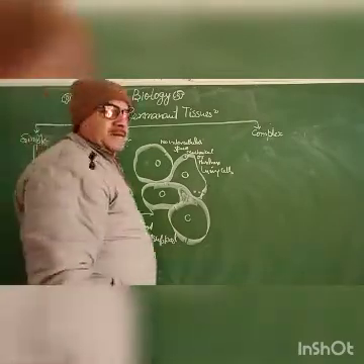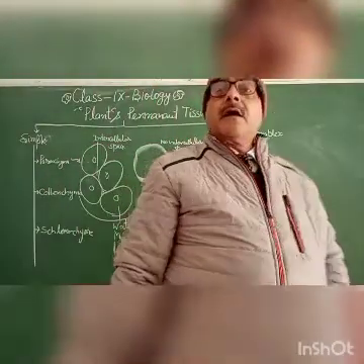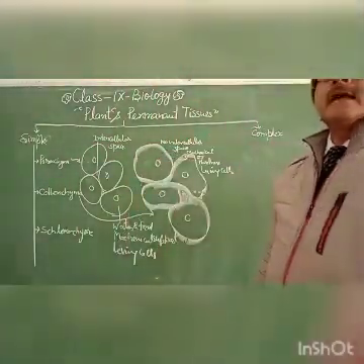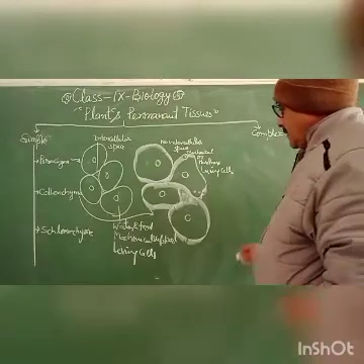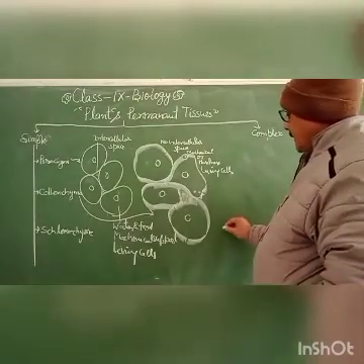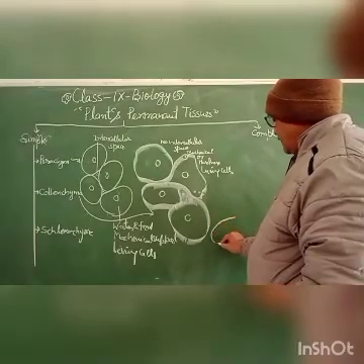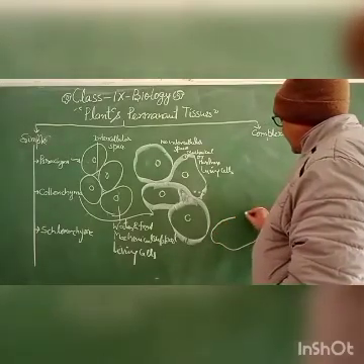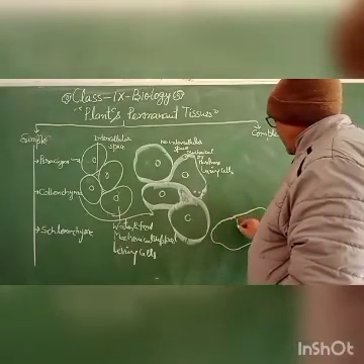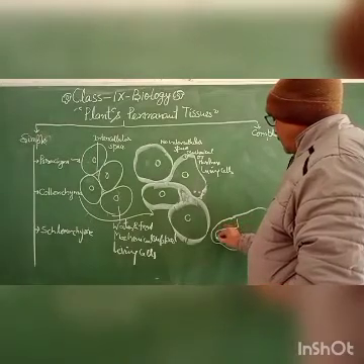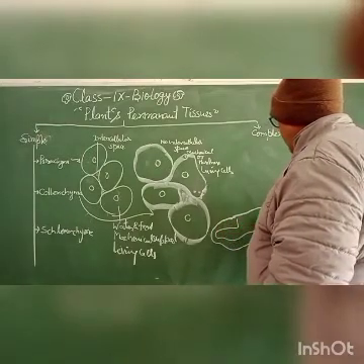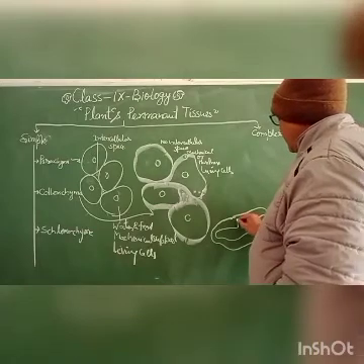Then we come to the sclerenchyma, and you will find that the sclerenchyma has a structure something like this. Suppose this is the sclerenchyma, and internally they are made up of sclerein.